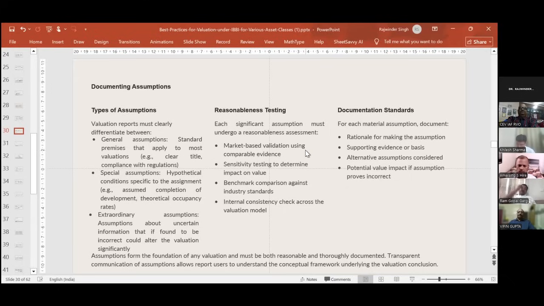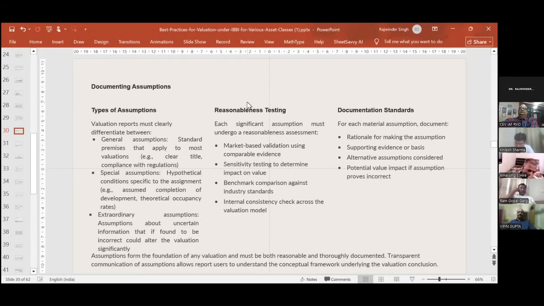Then you can check sensitivity by determining its impact on the value. You can do benchmark comparison against industry standards, and you can do an internal consistency check across the valuation model. This is how you can reasonably test the assumptions.